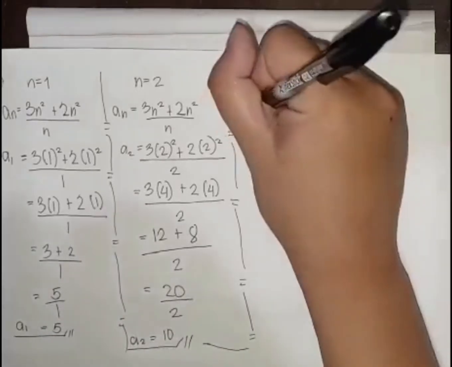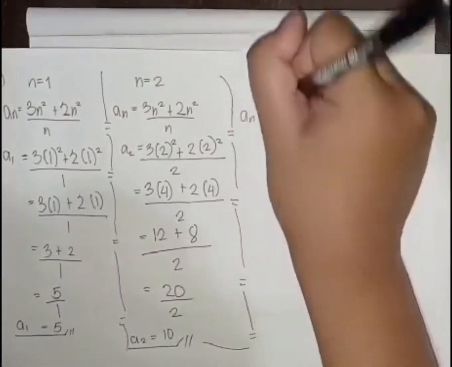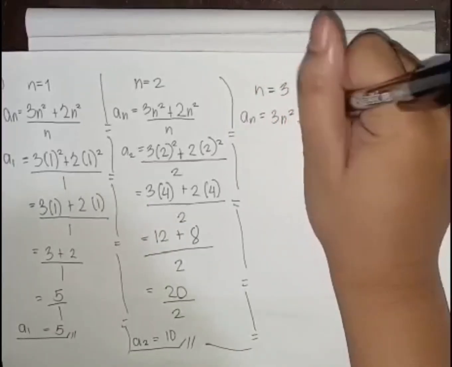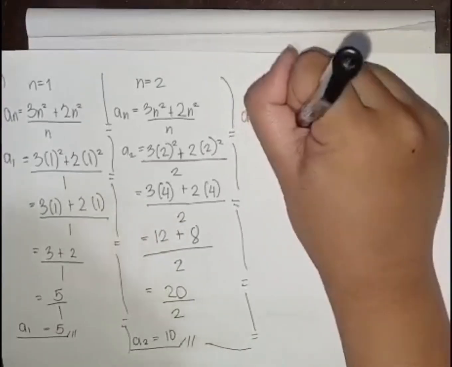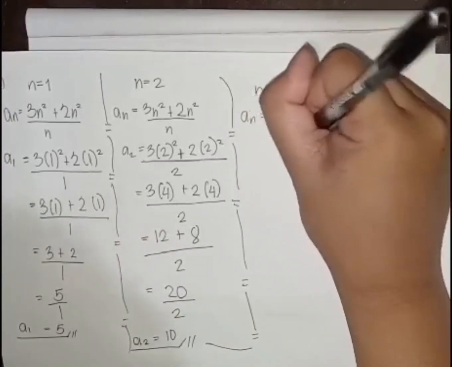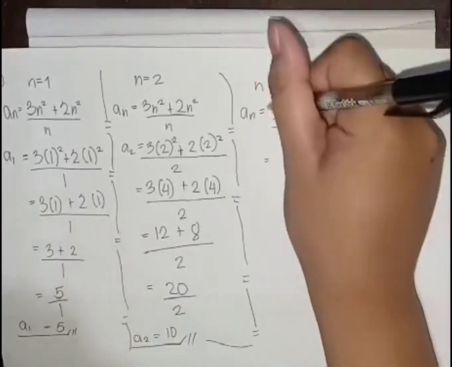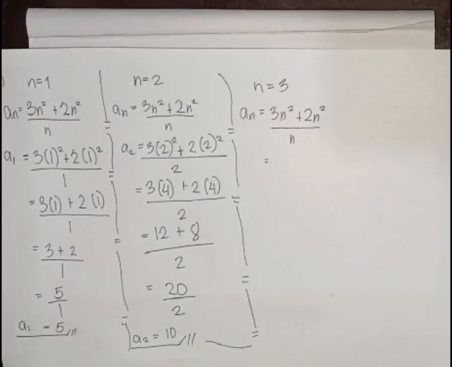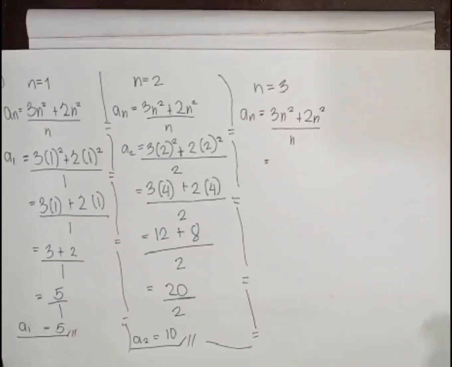So, a sub n is equals to 3n squared plus 2n raised to 2 over n. So, let us substitute the value of our n, which is 3, into the formula.